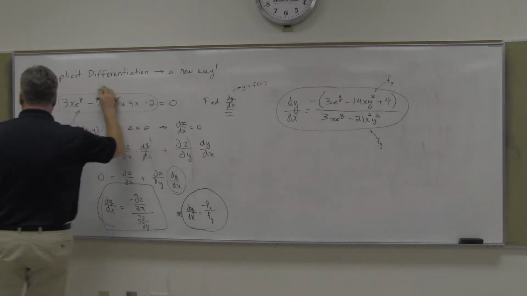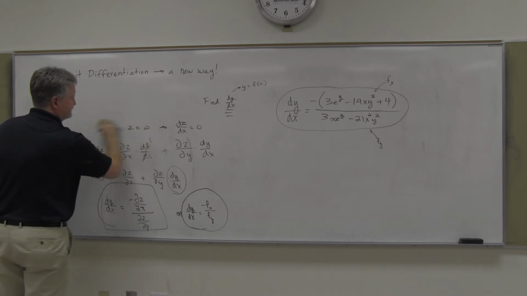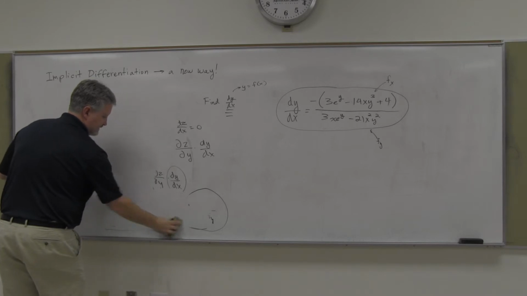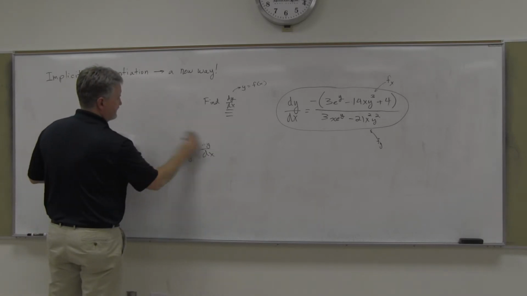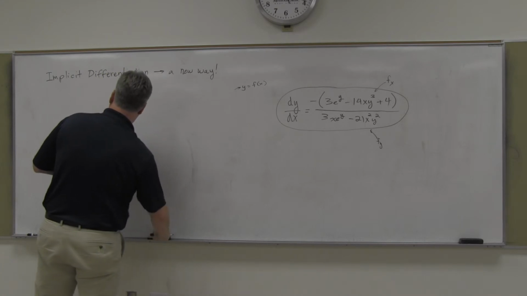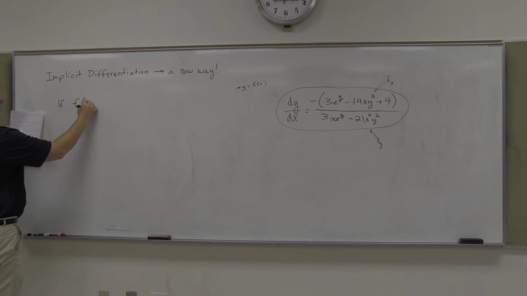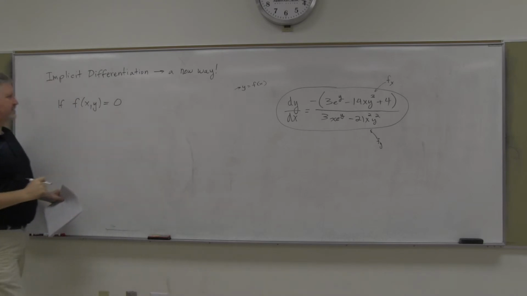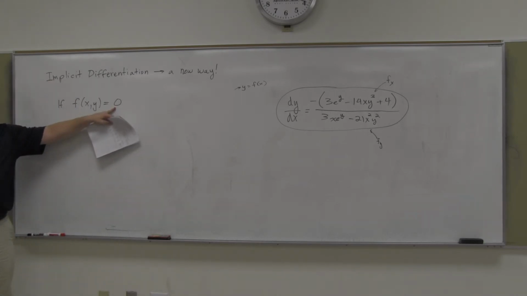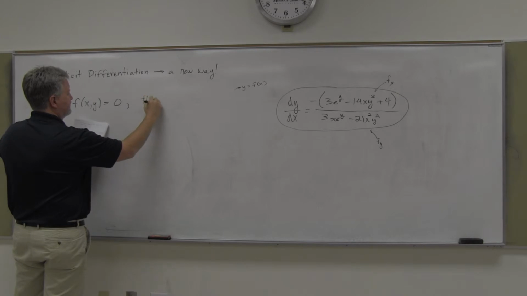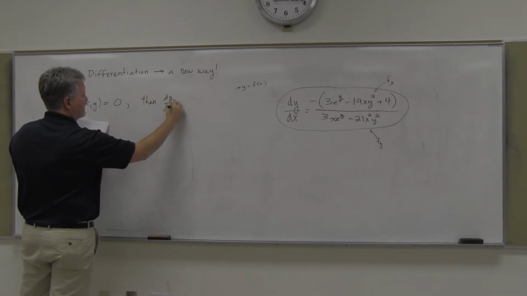Now, this one. To use this method, you do have to have the function of x and y equal to 0. dy over dx is negative.